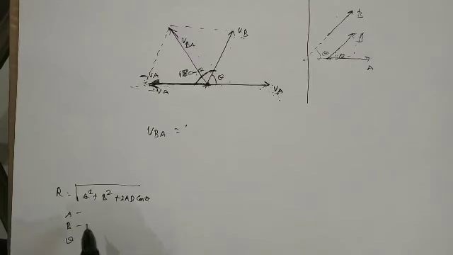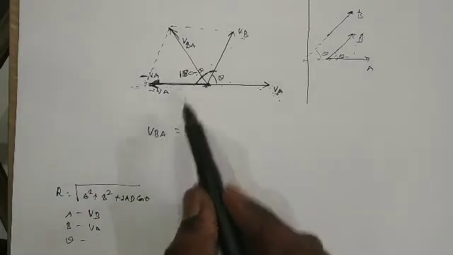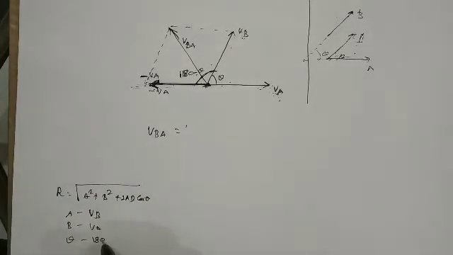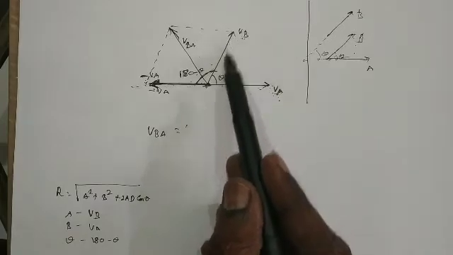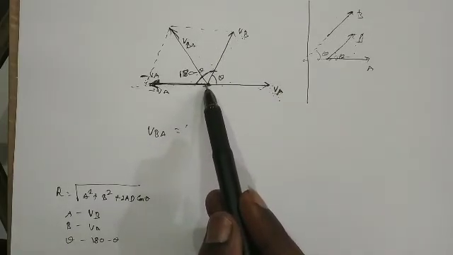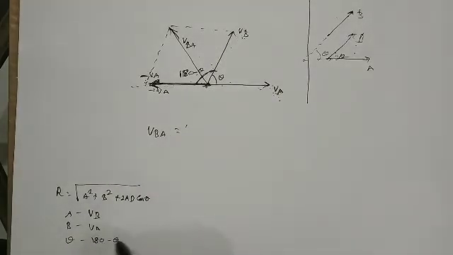So here A is equal to VB, B is VA, and theta is 180 minus theta, the angle which you get here.